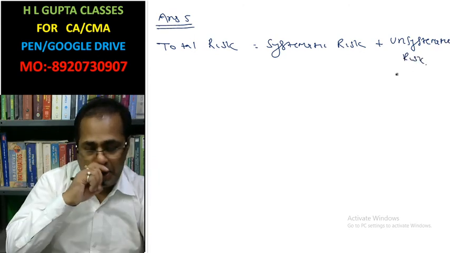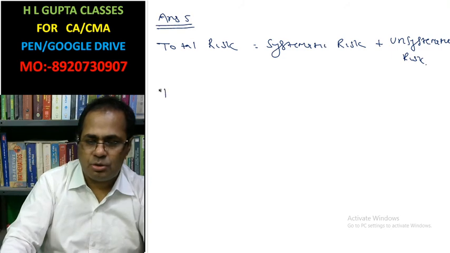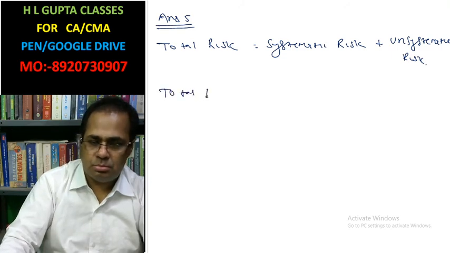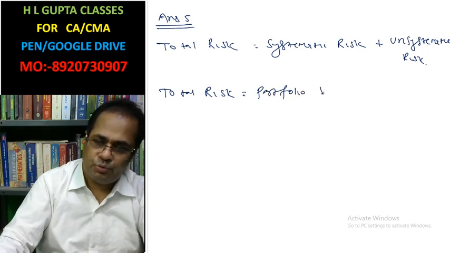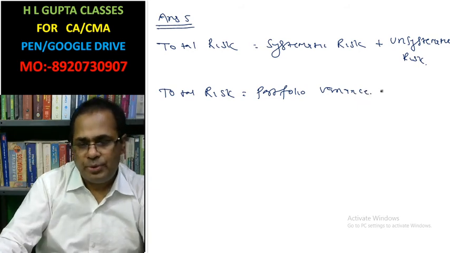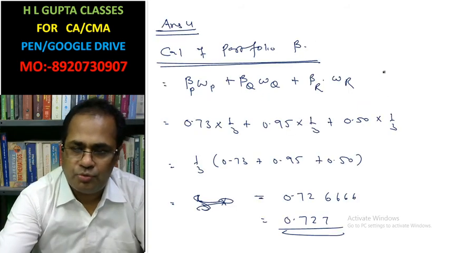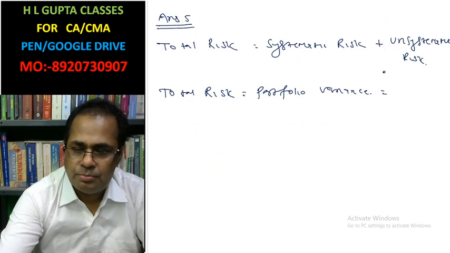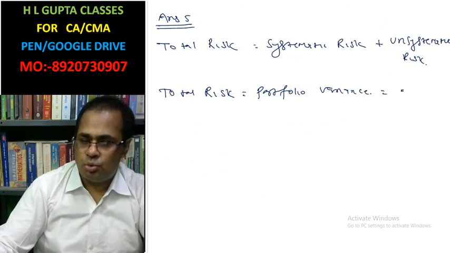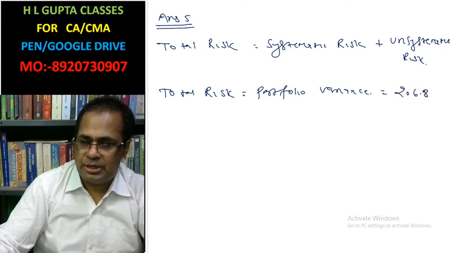Look at it. Total risk equal to portfolio variance, that we have already calculated. Portfolio variance is 206.85.